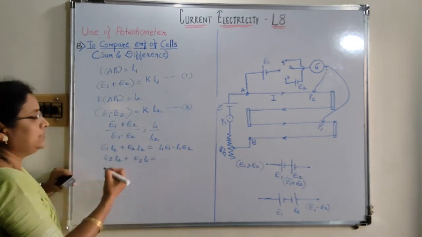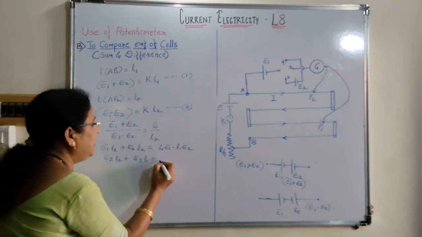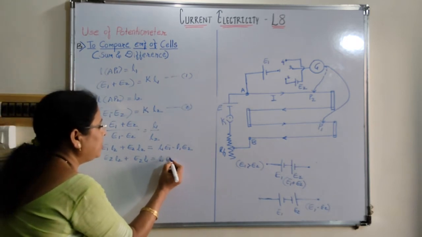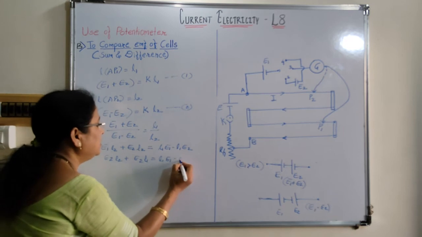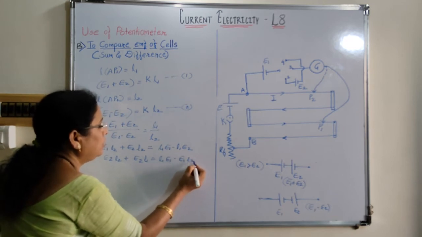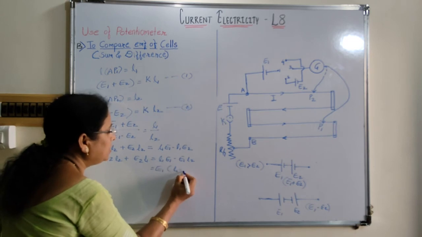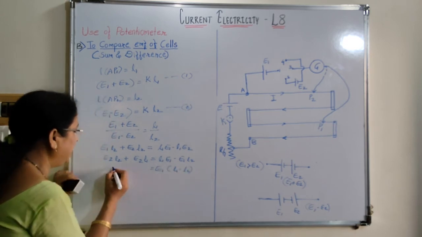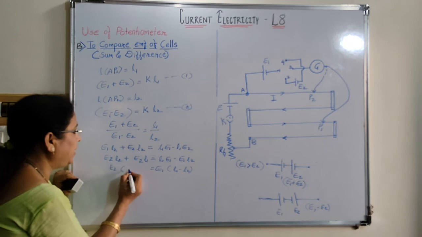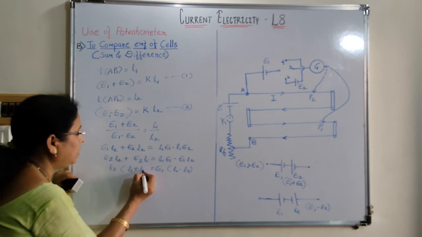This term we take on this side, and now we get L1 into E1 minus E1 into L2. When we take E1 common, we get L1 minus L2. And when we take E2 common, we get L1 plus L2.